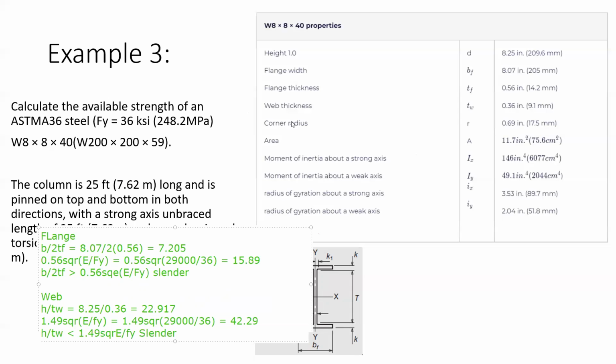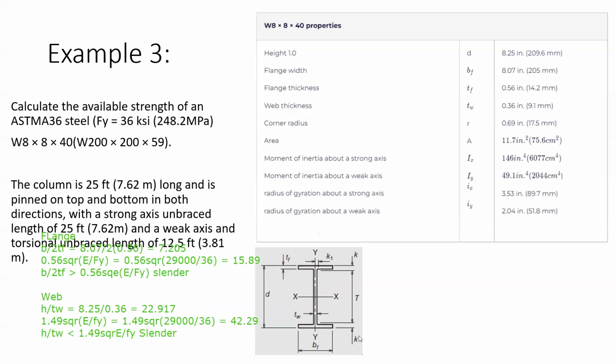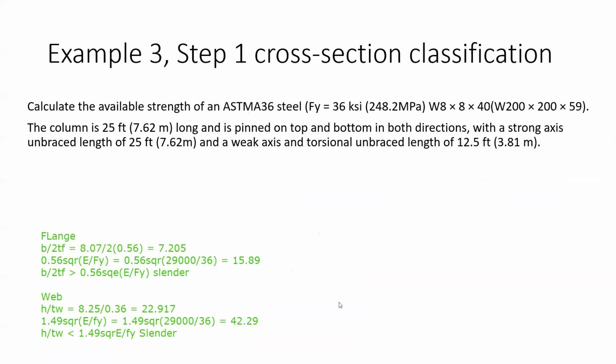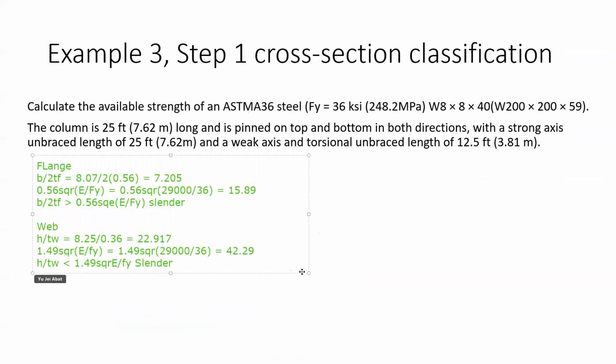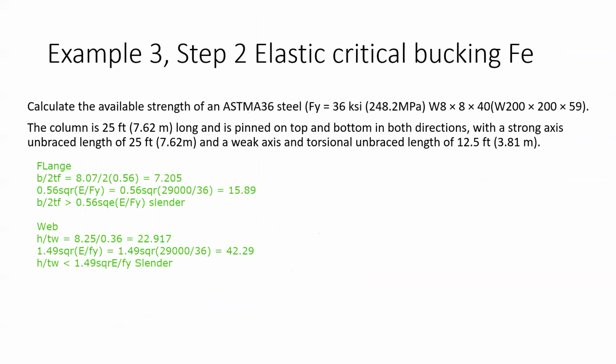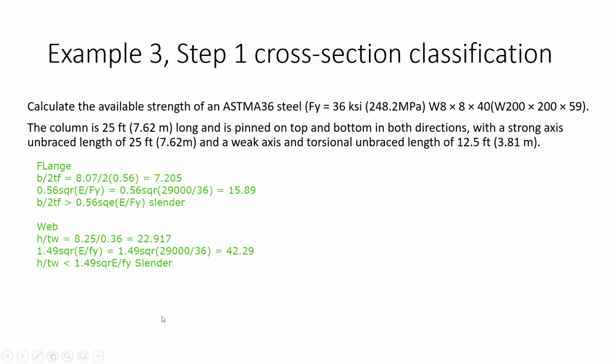Okay, so let's move on. Step 1, cross-section classification. We already know na we will consider it as slender. Next, we check the slenderness ratio. So this is step 2. Oh, wait, let's check for the slenderness ratio first before we go to the elastic.